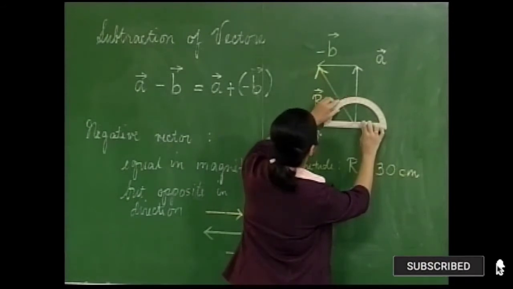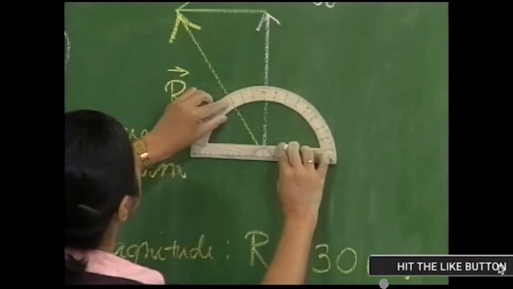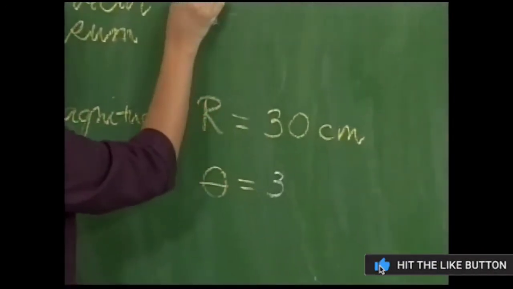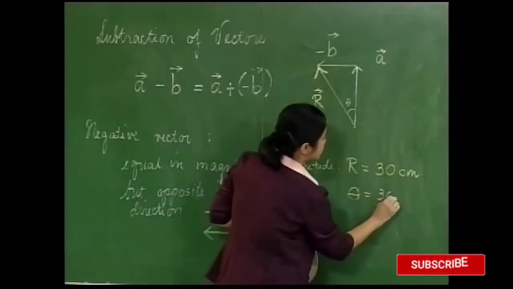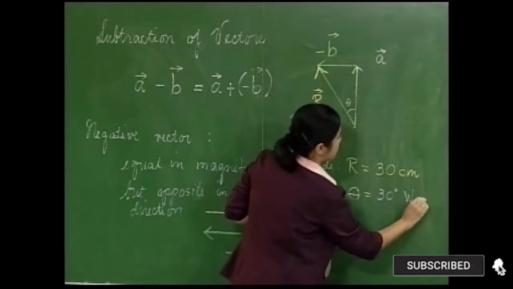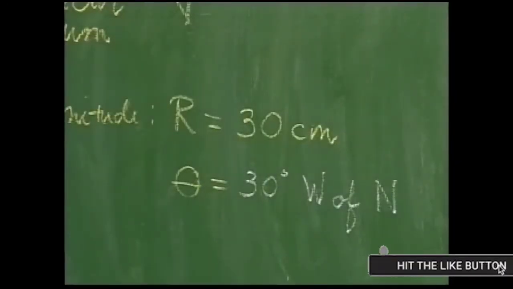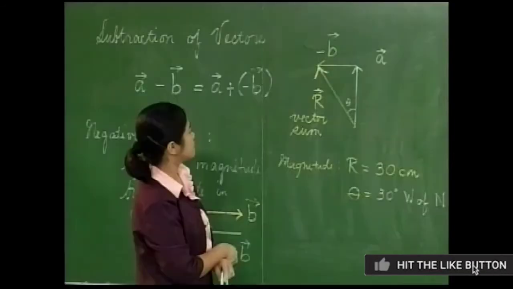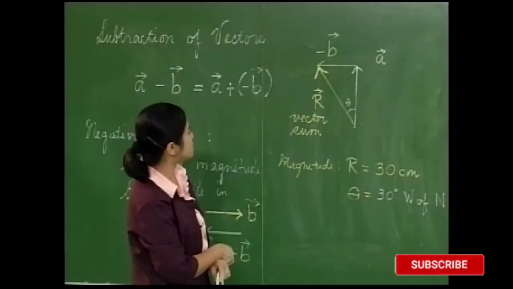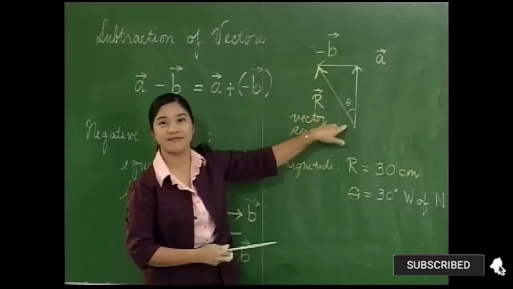Do it differently. 10, 20, 30. 30 degrees west of north. Or if you wish, from the horizontal, then it would be 60 degrees from this angle. Okay?